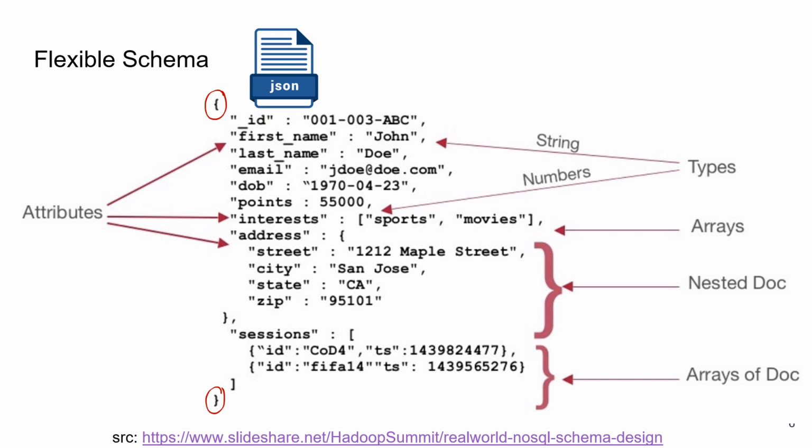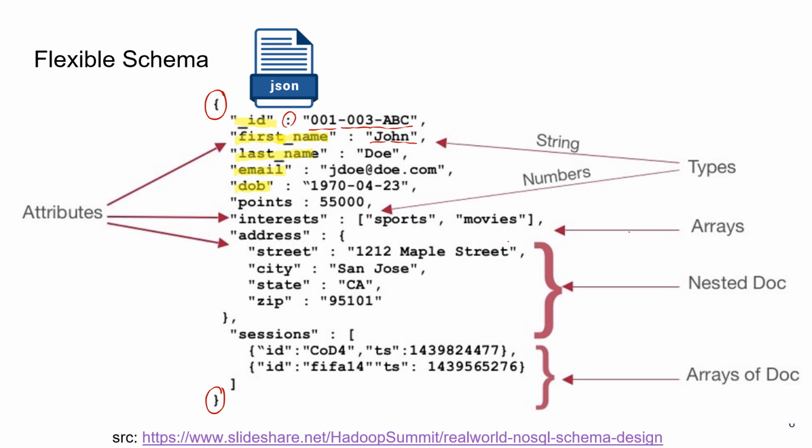These are examples of attributes such as ID, first name, last name, email, and so on. With this structure, we have an attribute, then a colon, and after that a value. For this ID attribute, the value is 001, 003 ABC. And for the second attribute, first name, the value is John.